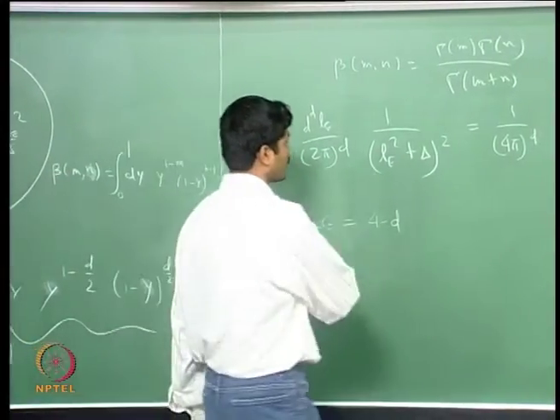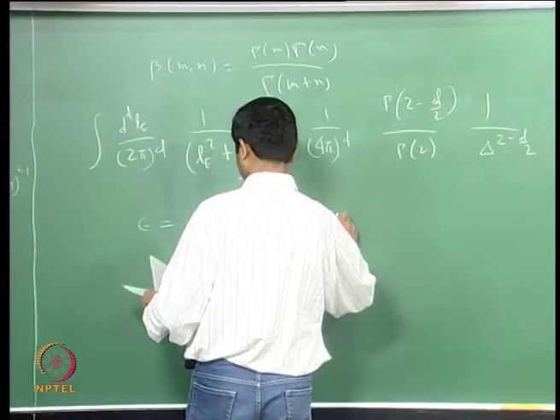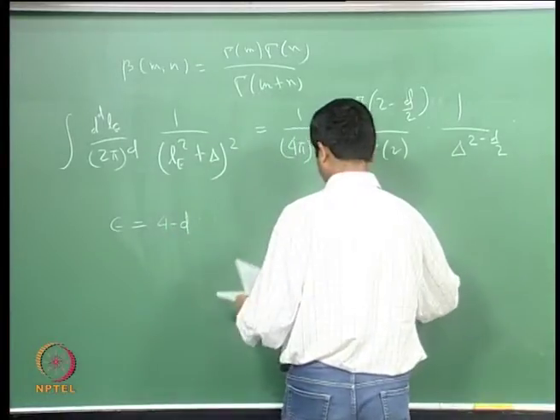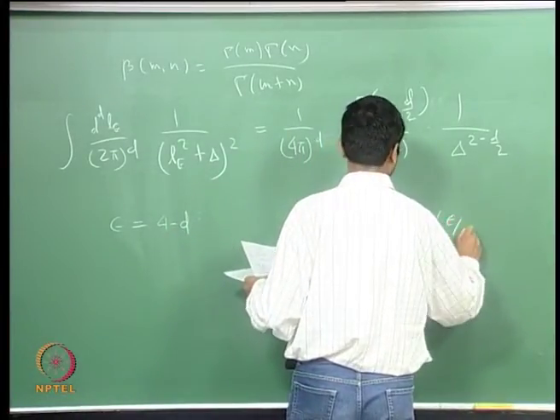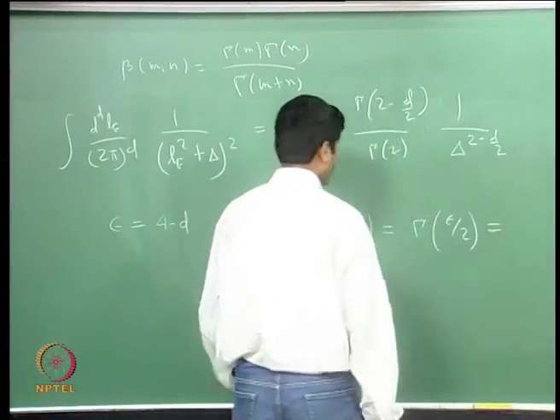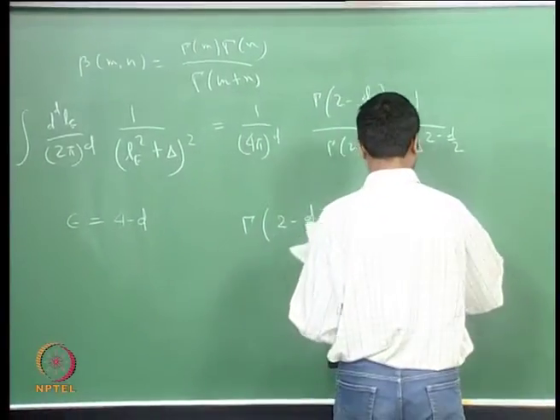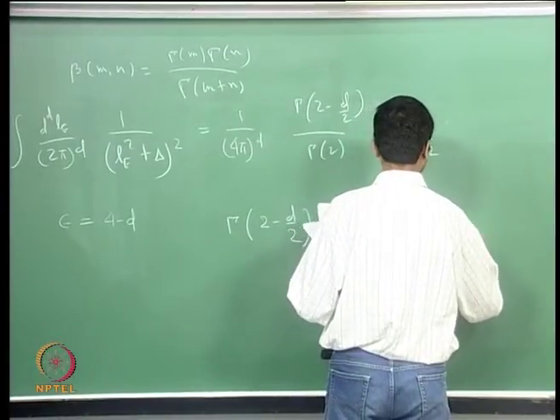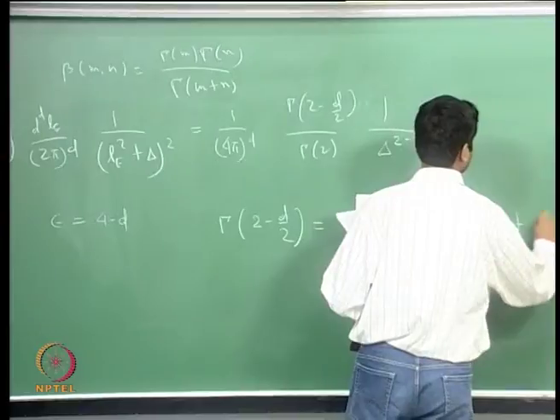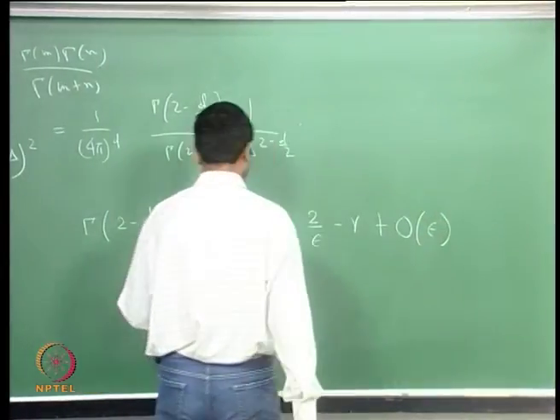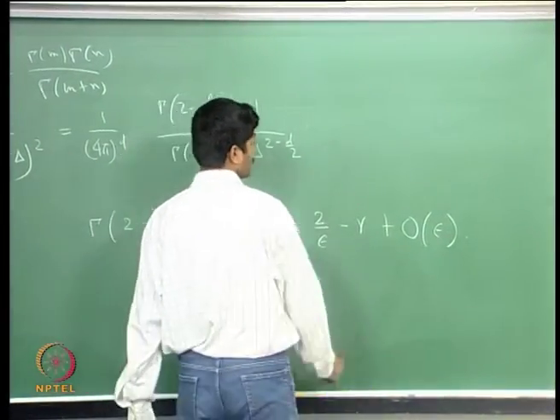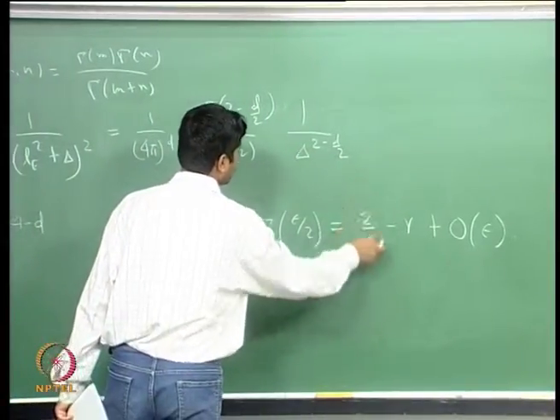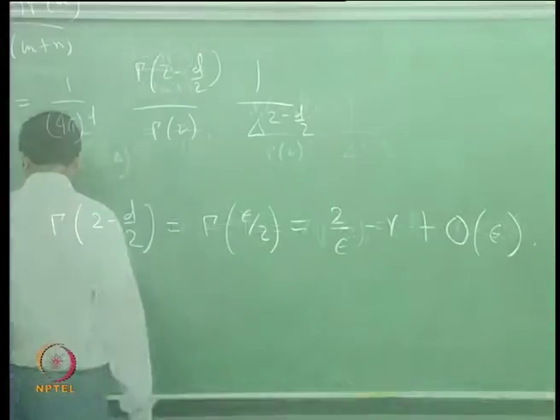When epsilon tends to 0, gamma of 2 minus d by 2 basically becomes gamma of epsilon by 2, and then you can use the expansion for gamma of epsilon to get this to be 2 over epsilon minus gamma plus an order epsilon term, where gamma is the Euler's constant. So, this is the expansion for the gamma function, and you can see that there is a pole here.